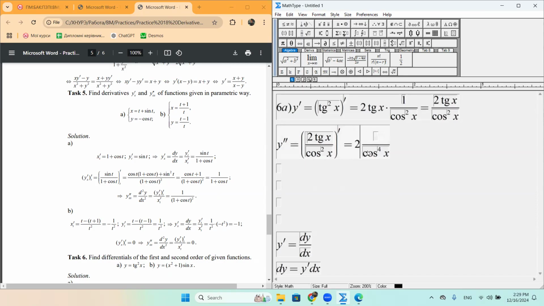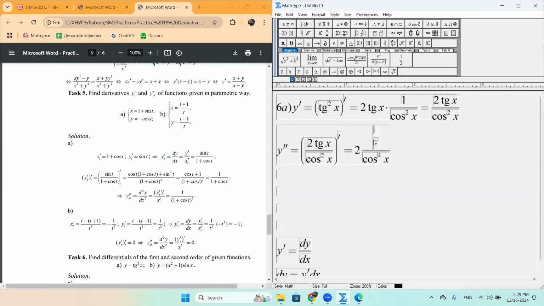Okay, let me move 2 out of brackets as well. So 2 tangents of x. So cosine square x, by the way, divided by cosine square x. So it will be cancelled. Great.